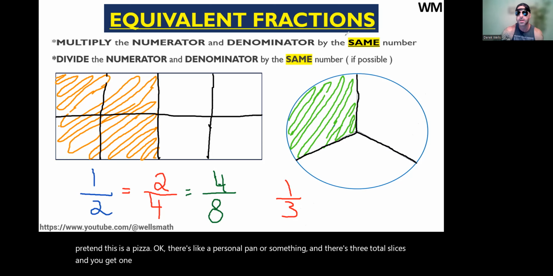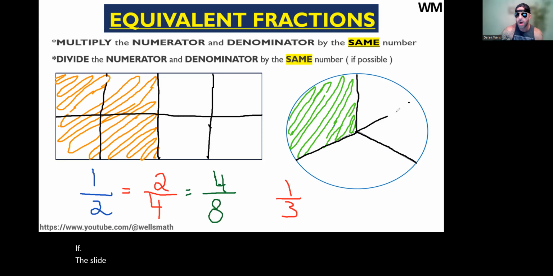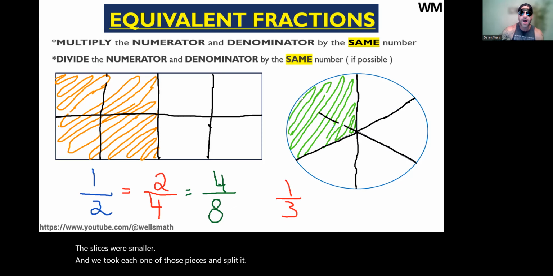But what would happen if the slices were smaller and we took each one of those pieces and split it? Now, how many pieces are in the entire pizza? Well, you can just count those total amount of pieces, and there are 6.